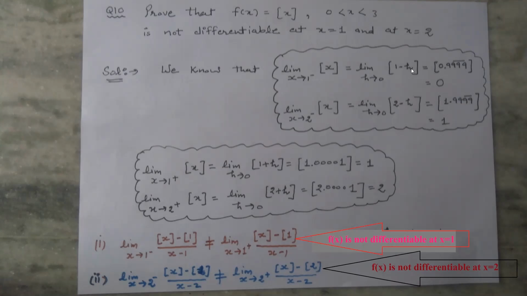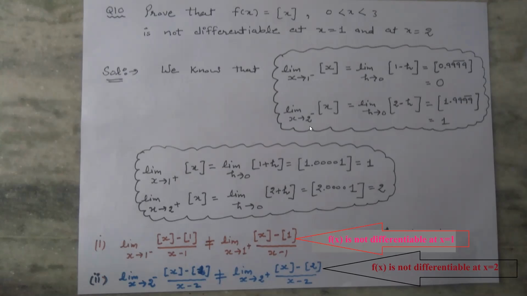Suppose h is a very small quantity, say 0.0001. So what is 1 minus h? This is almost 0.9999. So whenever we take this number inside the greatest integer function, the result is 0.